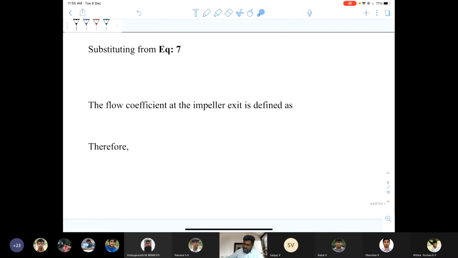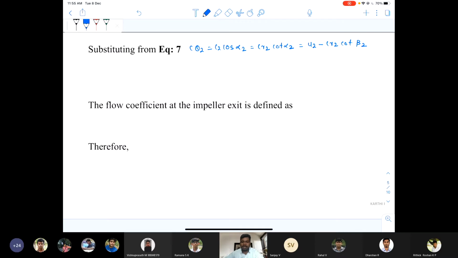Now from equation 7, which we have derived in the last class, that is, C theta 2 is equal to C2 cos alpha 2, which is equal to CR2 cot alpha 2, which will be equal to U2 minus CR2 cot beta 2.